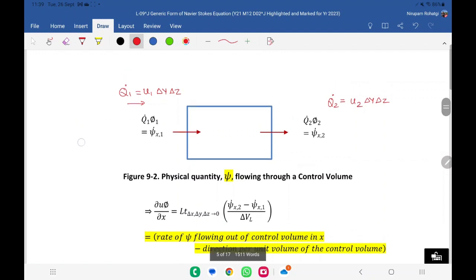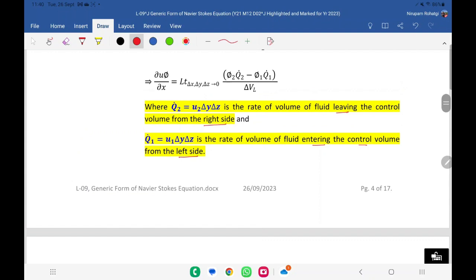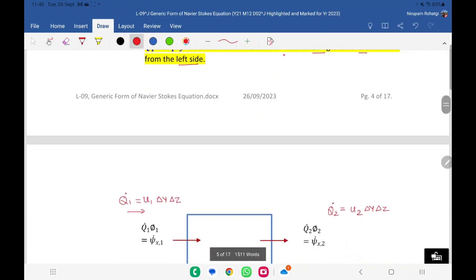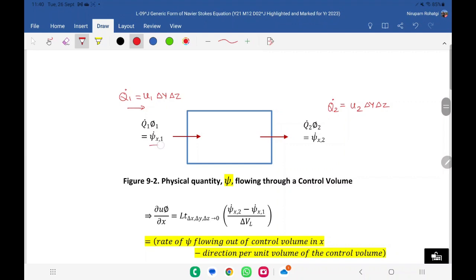Now this term is nothing but psi 2 dot, and this is nothing but psi 1 dot, because when you multiply phi 1 with volume, you get psi 1, and phi 2 with volume, you get psi 2.